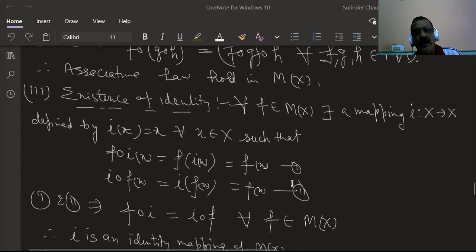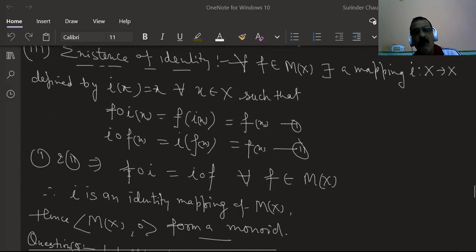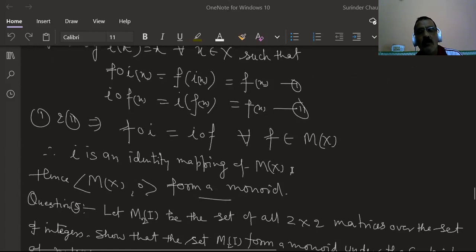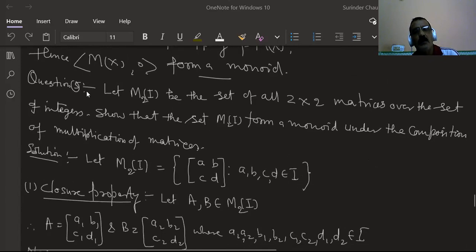First and second imply that f of I is equal to I of f, equal to f. I is an identity mapping of Mx. Therefore, the algebraic structure Mx with binary composition of functions forms a monoid.